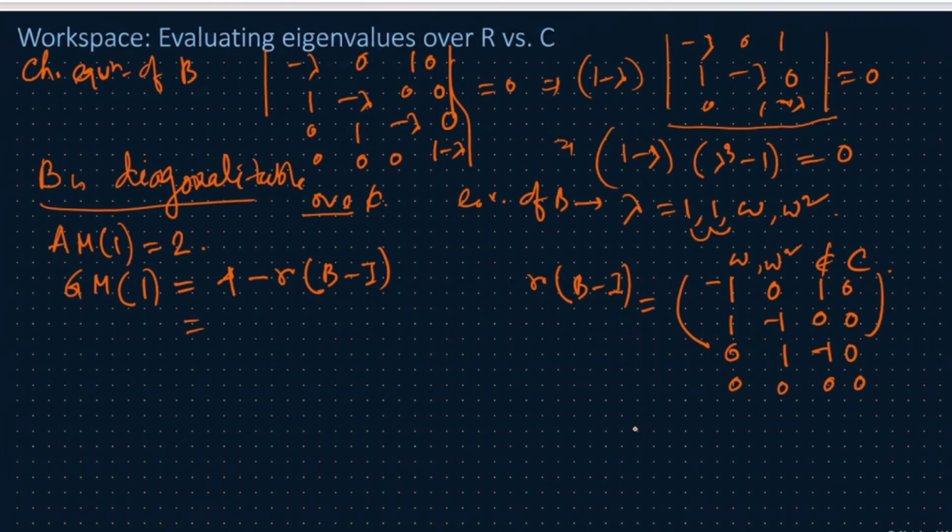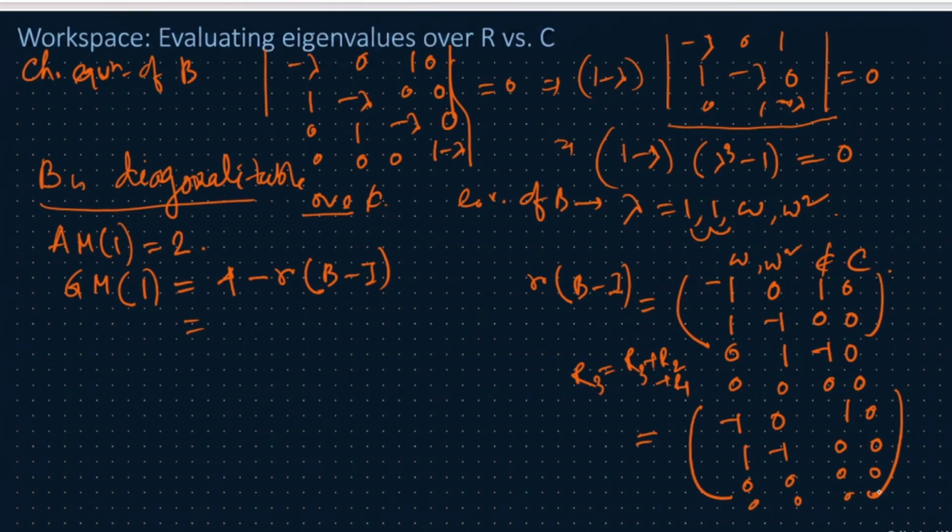We apply R3 equals R3 plus R2 plus R1, and we get the rows minus 1, 0, 1, 0; 1, minus 1, 0, 0; and 0, 0, 0, 0; 0, 0, 0, 0.